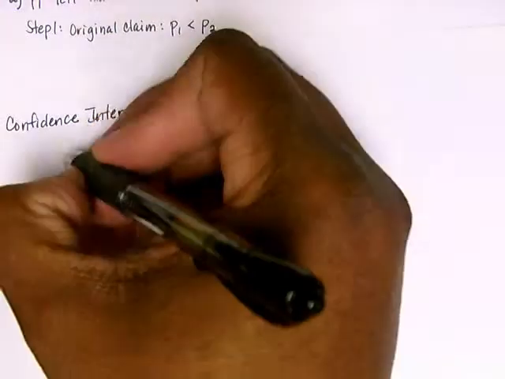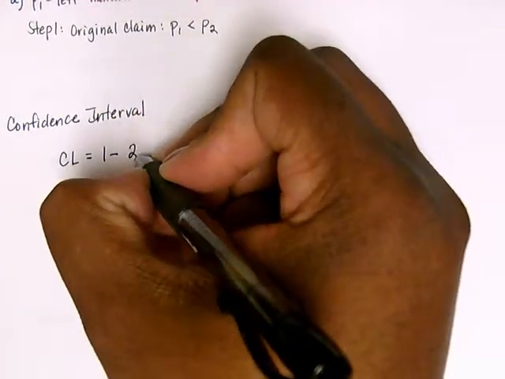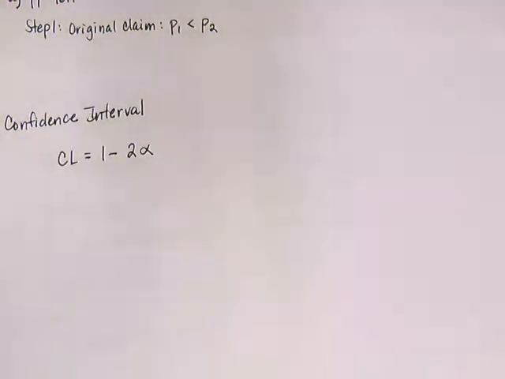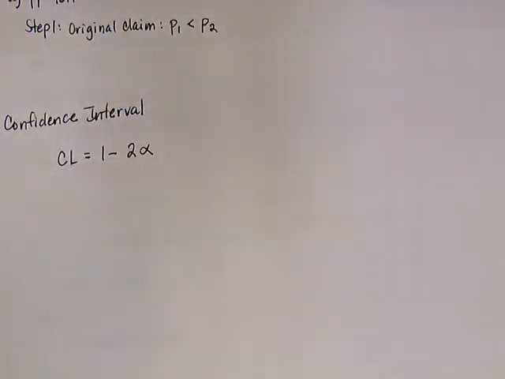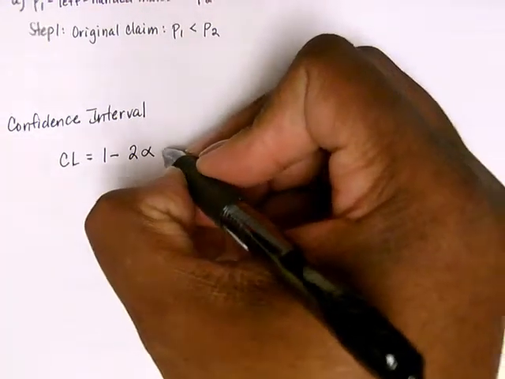So that means when I find the confidence level, it's going to be 1 minus 2 times the alpha level. Okay? Again, with a one-tail test, it's going to be 1 minus 2 times your alpha level. A two-tail test, your confidence level will be 1 minus that alpha level. So here, that alpha level that was given to us was 0.05.